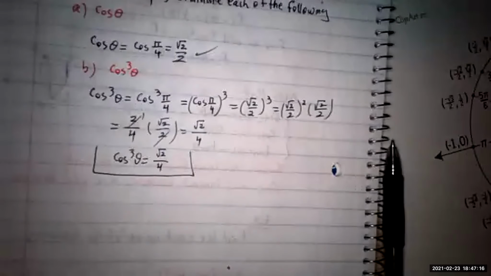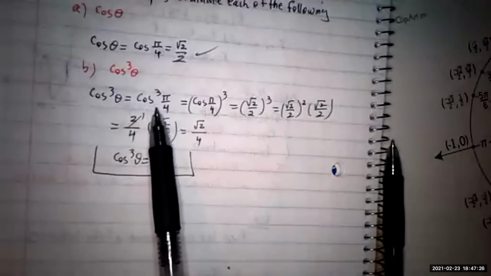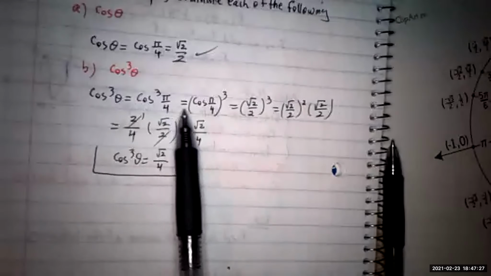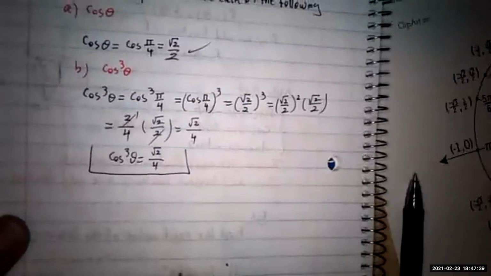This is just the order of operations: something raised to the third. It's an exponential expression, and you have to take care of the base first. The base is cosine of pi over 4. Find the base, raise it to the third, and then you're done. Okay, any question? We have it in calculus quite a lot every day, and some people make a mistake, so we want to make sure we know it.